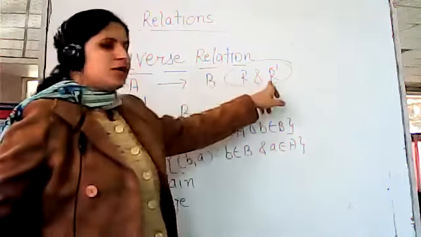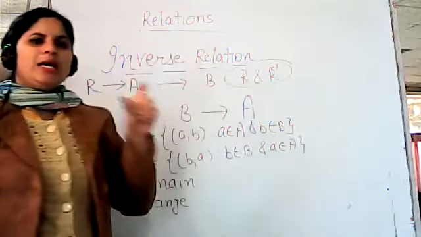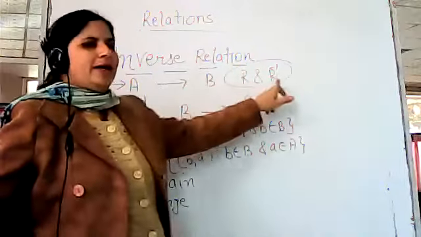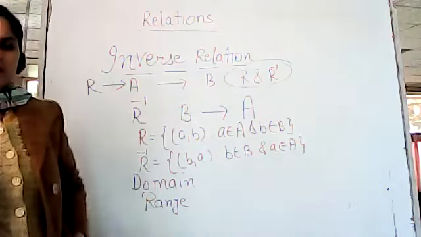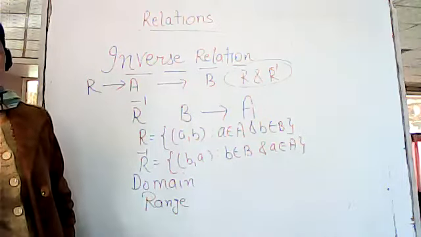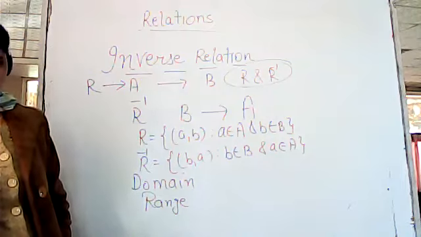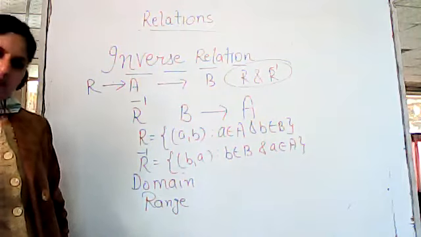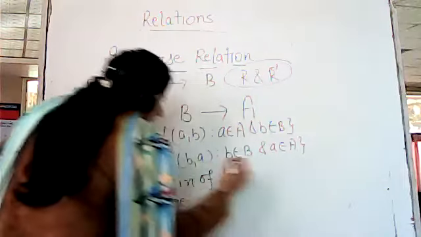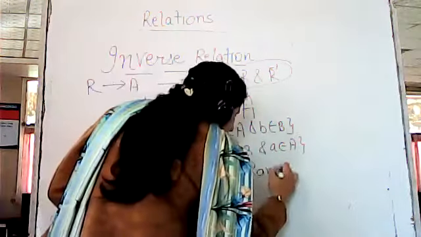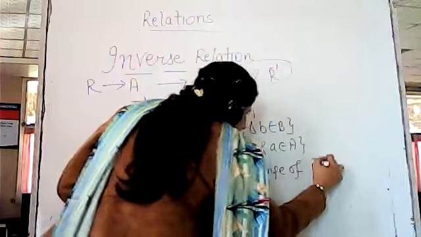What is the relation between domain and range of R and R inverse? Anybody, can you define this relation? Any idea? Ma'am, domain of relation is equal to range of inverse relation. Very good. It means the domain of relation R will become the range of inverse relation.